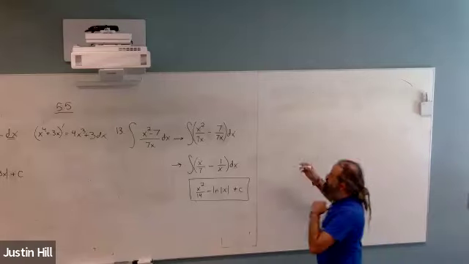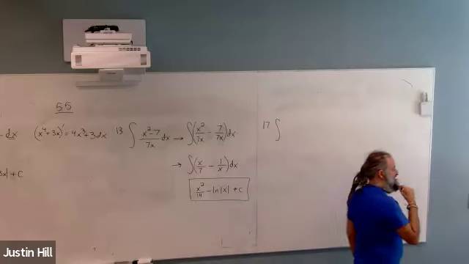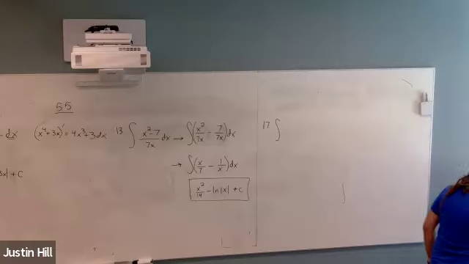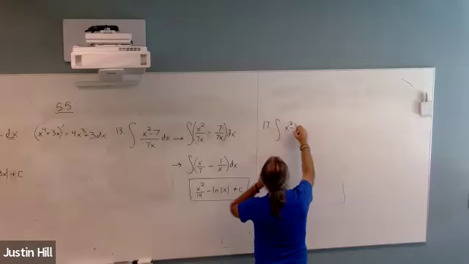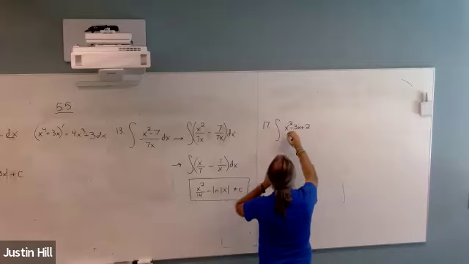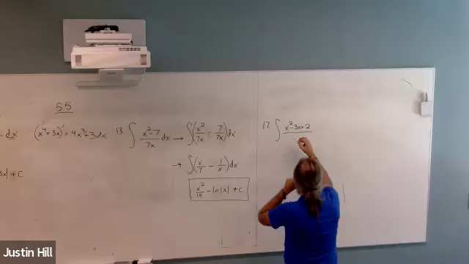Well, just something like 7 times the integral of x squared minus 3x plus 2 over x plus 1.